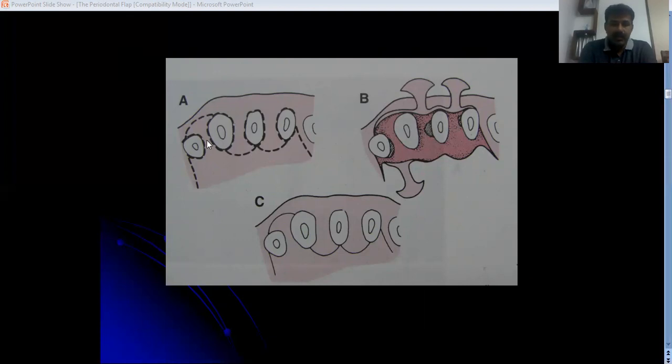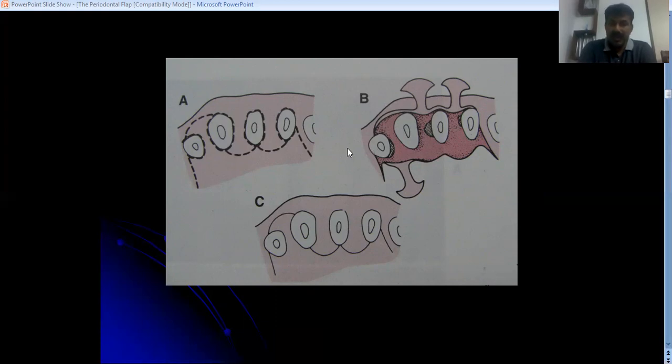And then instead of putting a cross or horizontal incision here, you put a semi-lunar incision like this, either on the labial aspect or on the palatal or lingual aspect. Now, when you reflect, this papilla goes into the palatal aspect, and this papilla here goes into the labial aspect.